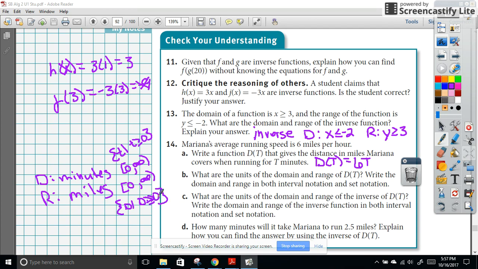What are the units for the domain and range of the inverse of d of t? Okay, so for this one, can we say the domain is going to be miles if it's the inverse, and the range is going to be minutes?